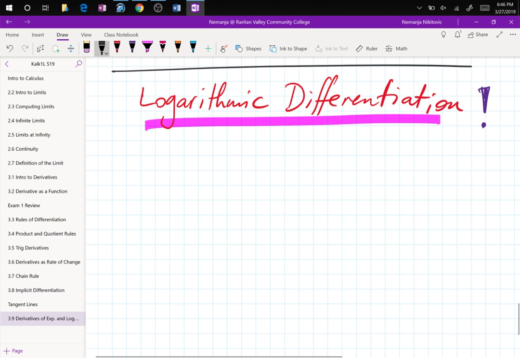Logarithmic differentiation is a procedure. We're not learning a new rule. It's a procedure.